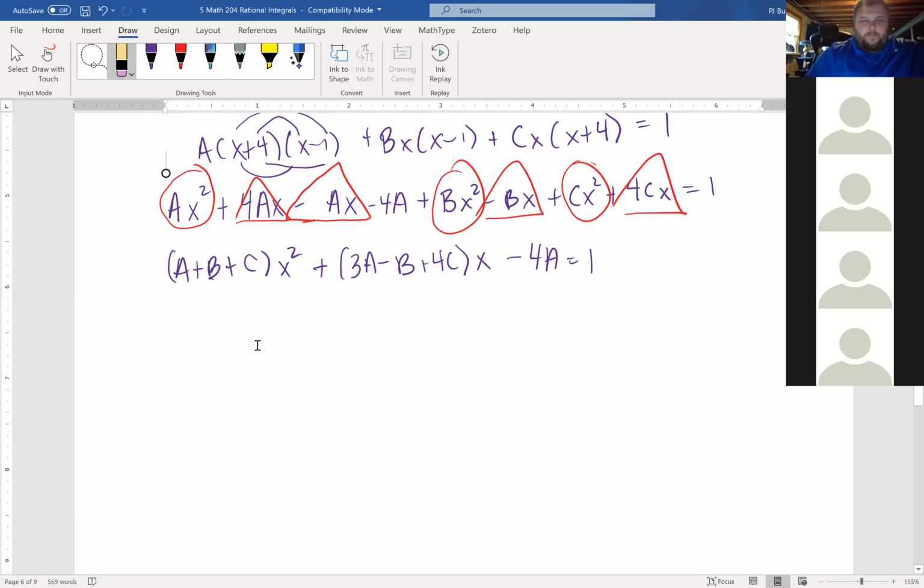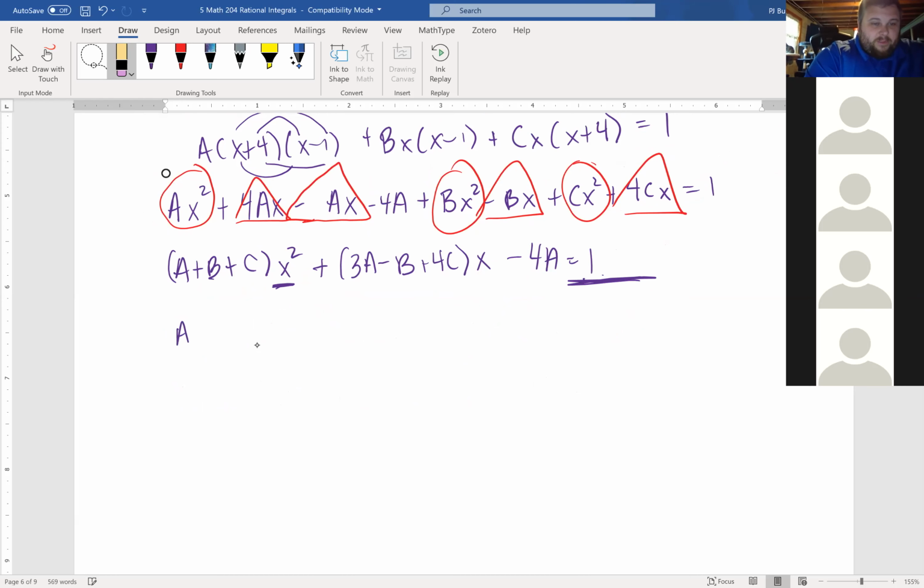So compare the left and the right-hand side. There's an x squared term here. Are there any x squared terms over here? Doesn't appear so, right? Well, that tells me that the coefficient on the x squared term must be 0 for there to be no x squared terms on the right.